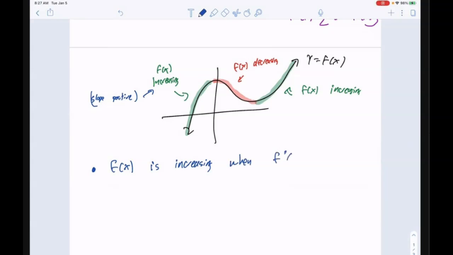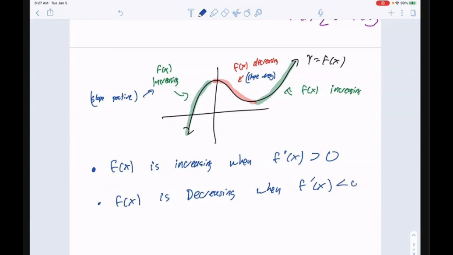And as Ariana said before, f prime of x is positive, greater than 0. And similarly, a function is decreasing when f prime of x is what? Less than 0.